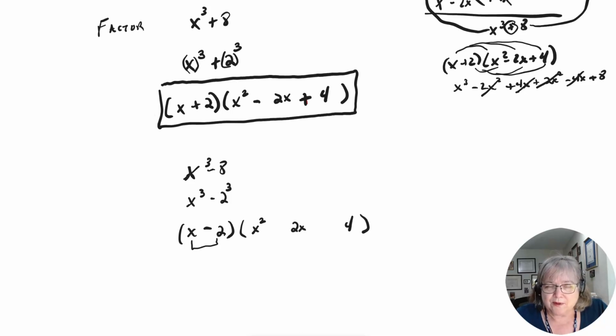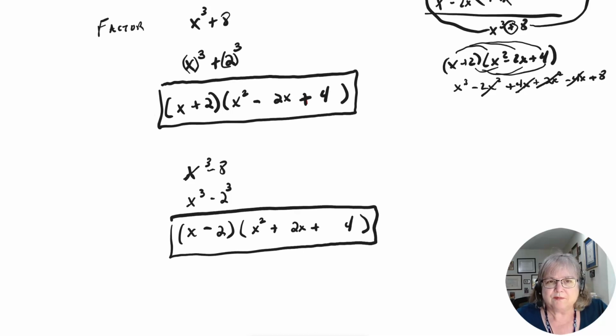And after you build the pieces is when you come up with your plus and minus signs. So if this is a minus, this is the opposite. This is always positive. So can you see the difference between the difference of 2 cubes and the sum of 2 cubes? All right, I think you're doing okay.